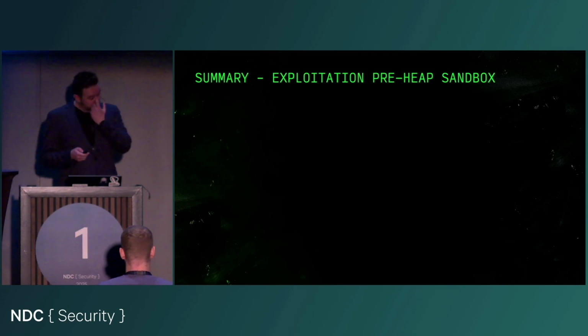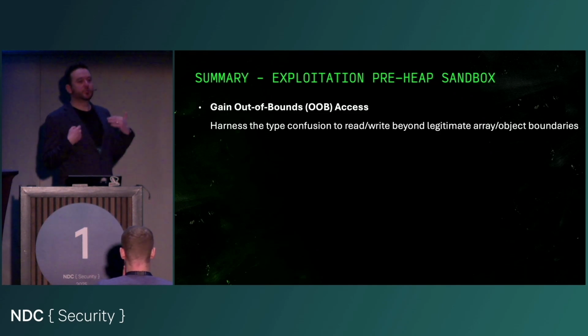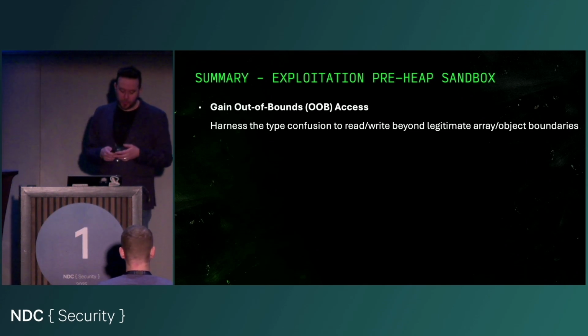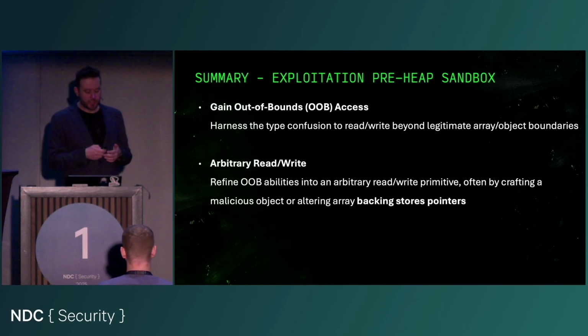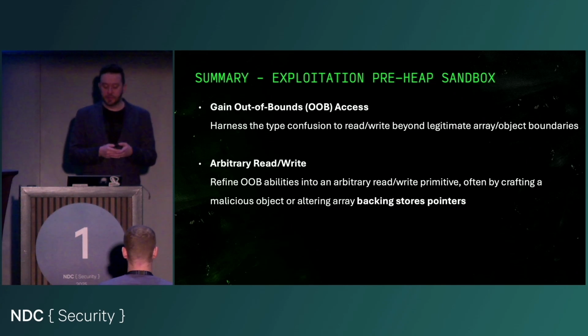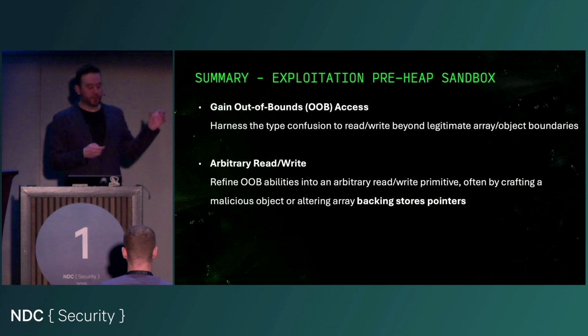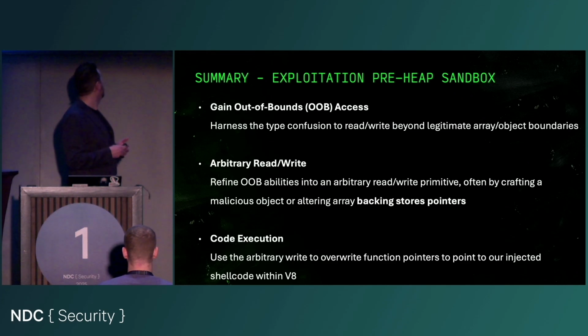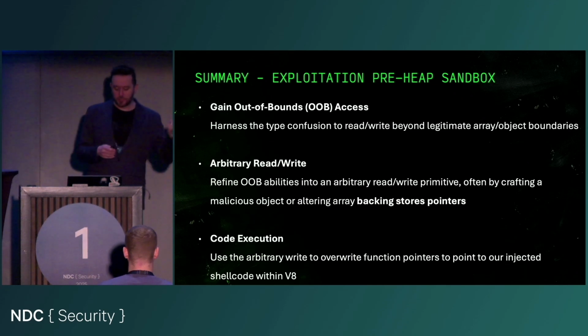Right. So pre-heap sandbox, what do we have? Basically, how do we exploit any bug in 2018-19? So pre-heap sandbox, we gain out-of-bounds access. We harness type confusion to abuse the object that is vulnerable, and then from that we gain arbitrary read and write, and from that we gain code execution by writing function pointers, as we just saw.